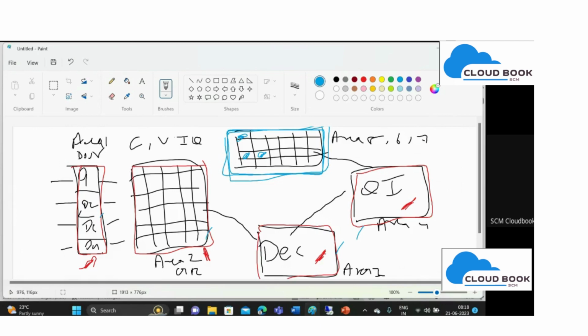So in EWM, try to understand that the entire warehouse is divided into different areas: door area, good receipt area, deconsolidation area, quality inspection area, and the final storage areas. Those storage areas may have racks, like this.